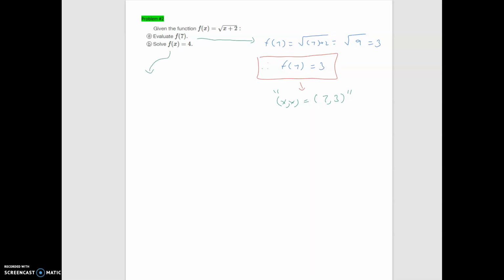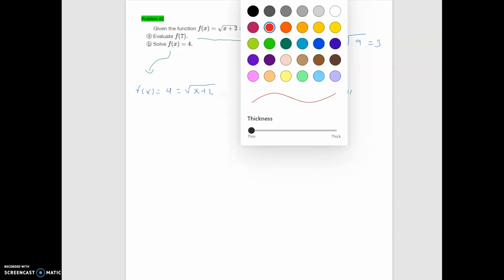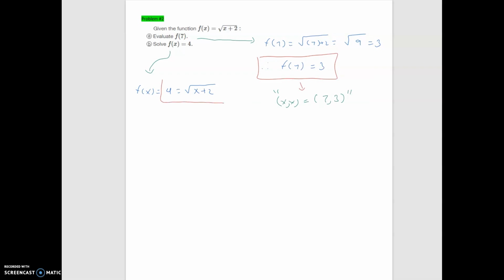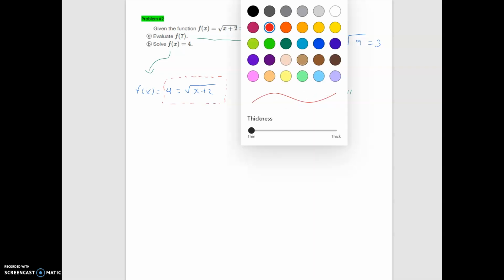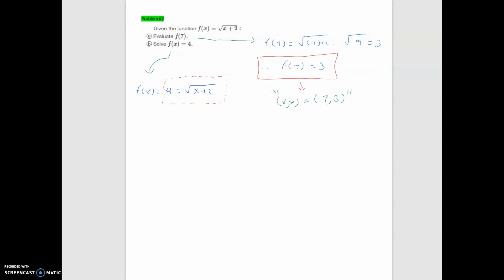And then for B, let me do this one on the side. We're given that f of x is equal to 4, and this is equal to the square root of x plus 2. So we're going to solve this problem. Our first step is to square both sides to cancel the square root.